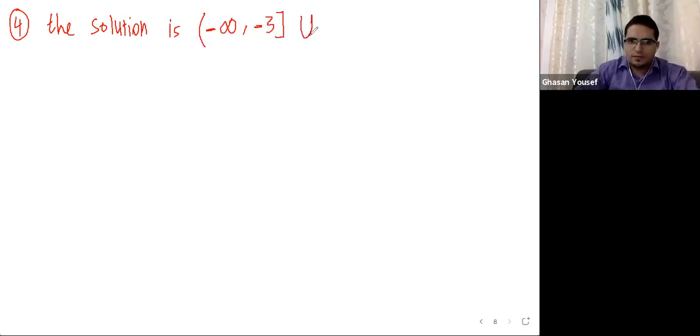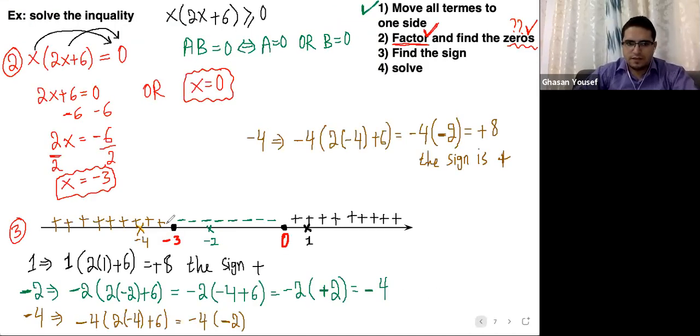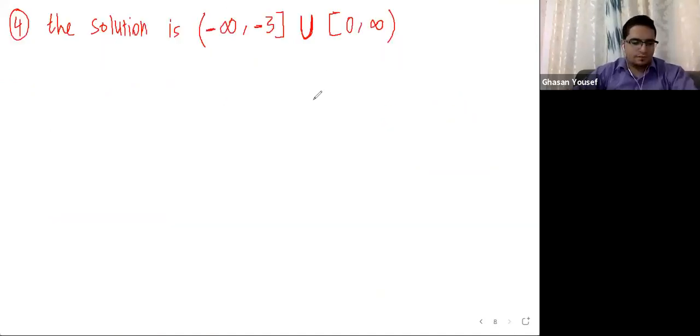The solution is from minus infinity to number -3, and this is including here, the infinity always open, union, this means and, from 0 to infinity. So the solution is from minus infinity to -3, and from 0 to infinity. Make sense?